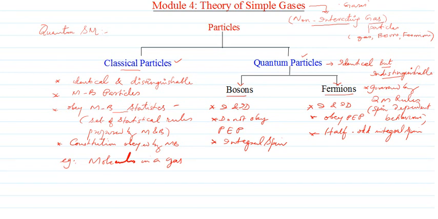And so in order to study the behavior of bosons and fermions, which behave differently even though they are both quantum particles, a set of different rules was framed for these two categories, which are nowadays known as the Bose-Einstein statistics or Bose-Einstein distribution.